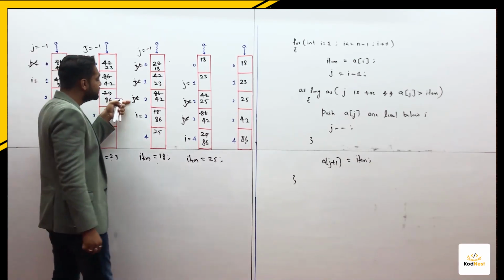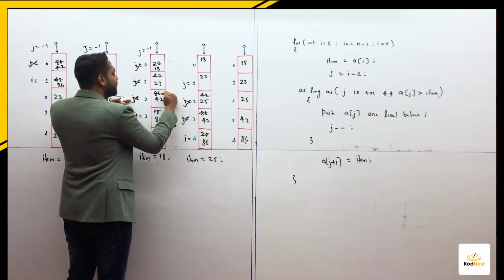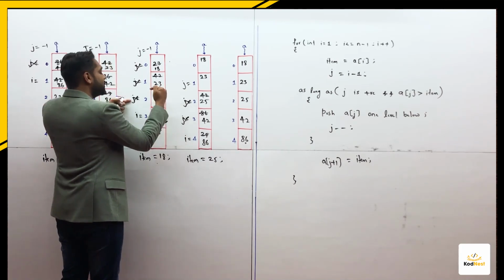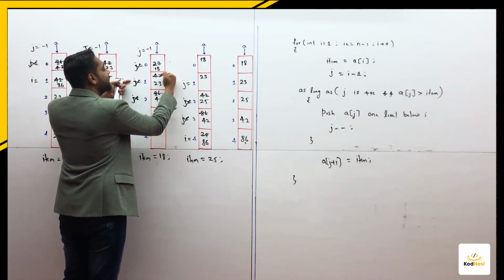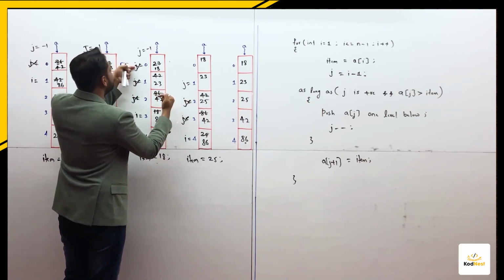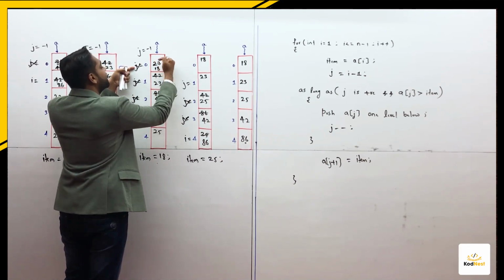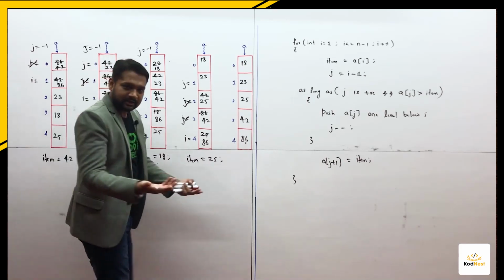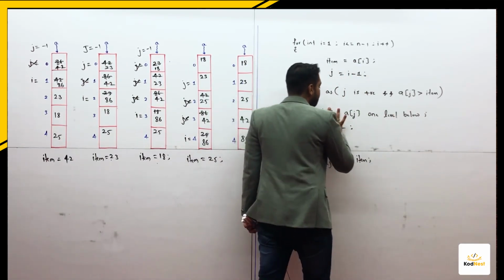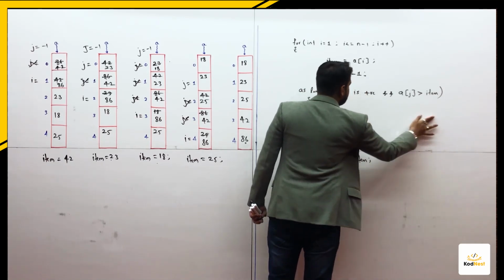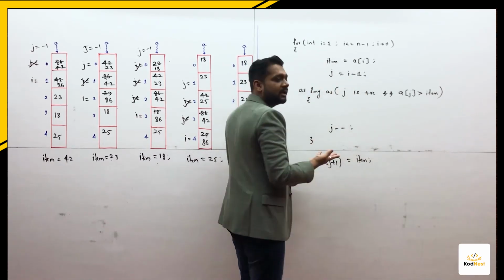Here also you see, J was here. Whatever is there in A of J, 86, I have taken, given it to A of J plus 1. If J is here, whatever is there in A of J I have taken, given it to A of J plus 1. Here also, whatever is there in A of J I have taken, given it to A of J plus 1. That is what pushing A of J one level below is. So if I remove this and write programmatically, what is pushing A of J one level below?